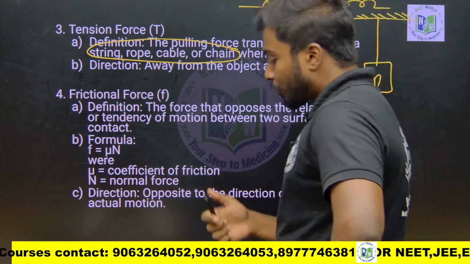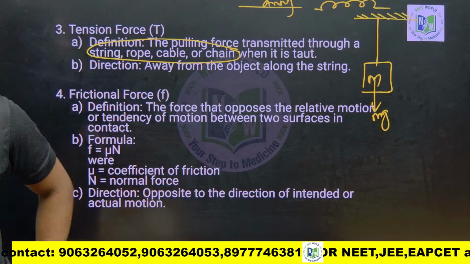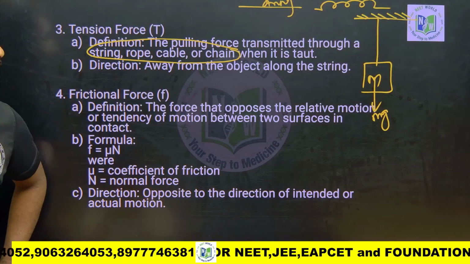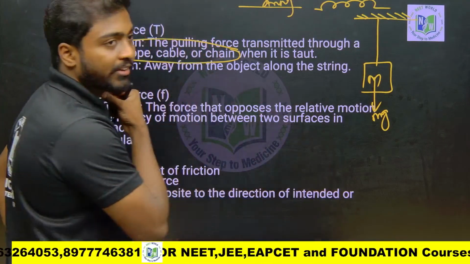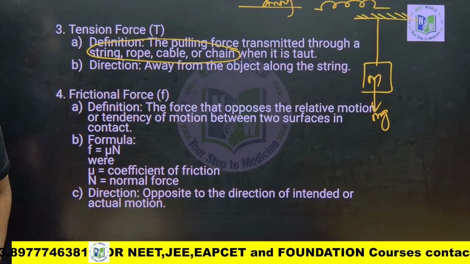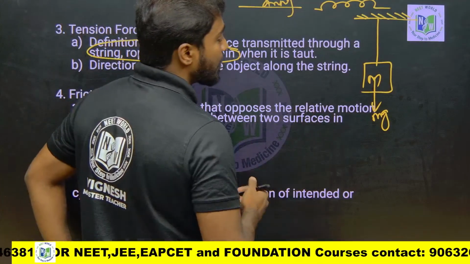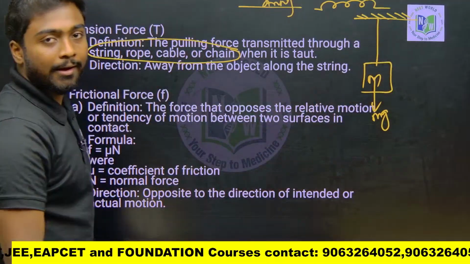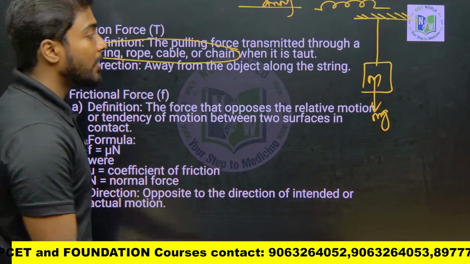Can you say in this figure a normal force is acting or not? No, right? Because there is no surface, there is no contact with a surface. But a tension force is there because this is a rope, a chain or a cable.